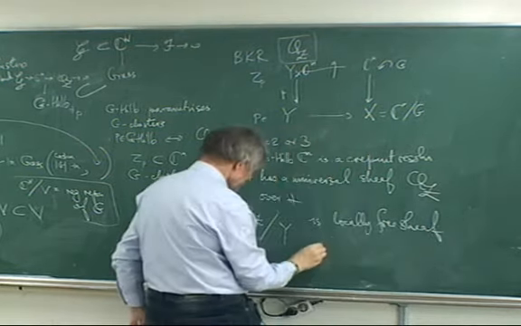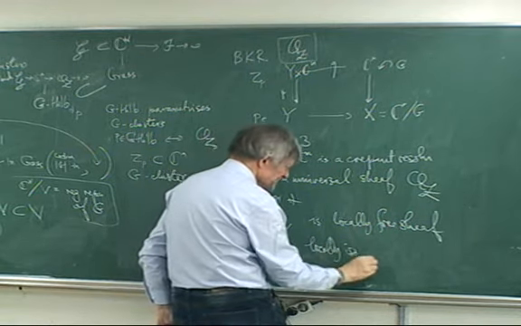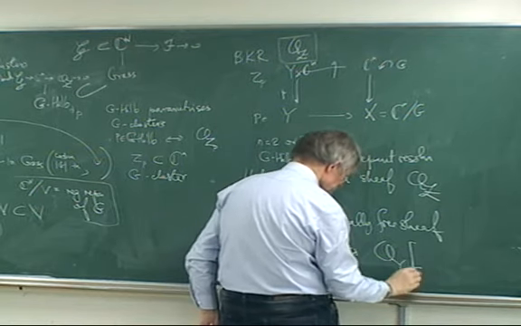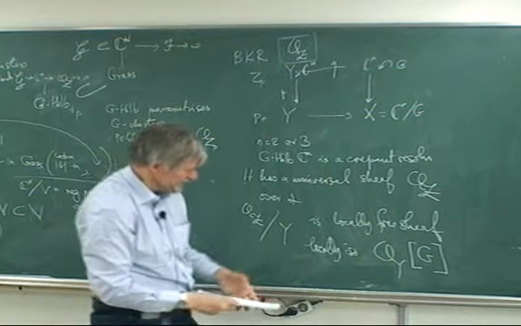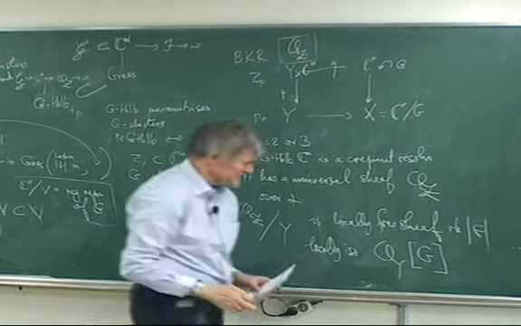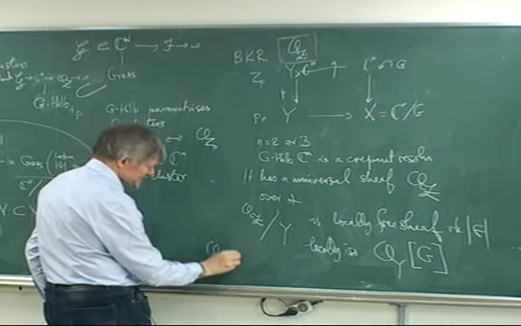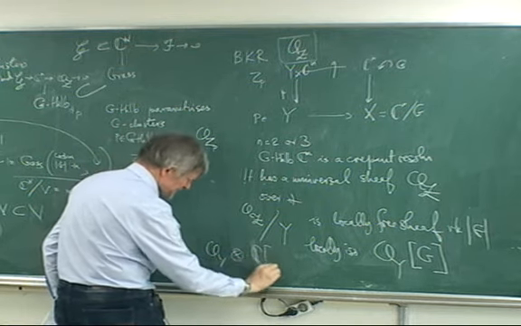And it looks locally isomorphic to O_Y of G. Right? And it's a locally free sheaf of rank |G|. And fiber by fiber, it looks like O_Y tensor k[G], the regular representation of G.